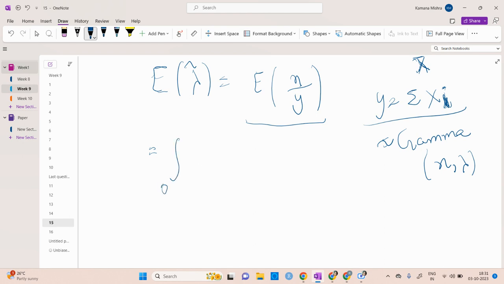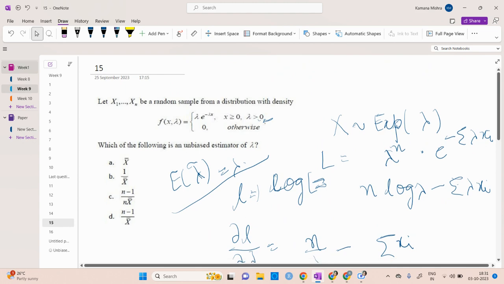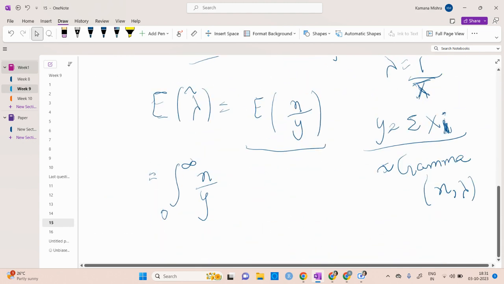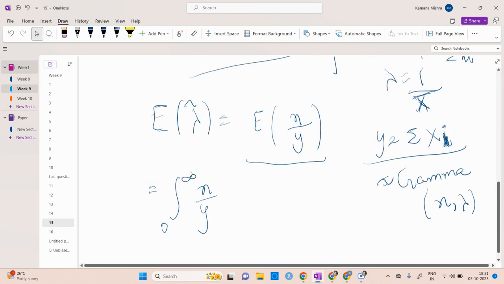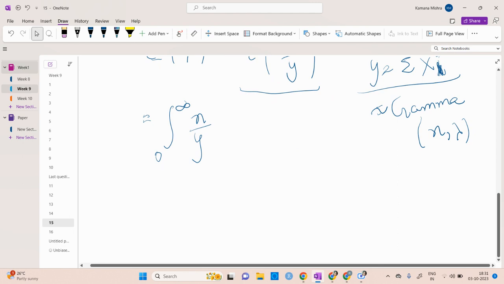So this expectation will be the integral from 0 to infinity of n upon y. Since x is greater than or equal to 0, and y is the summation of xi, y will also be greater than 0.